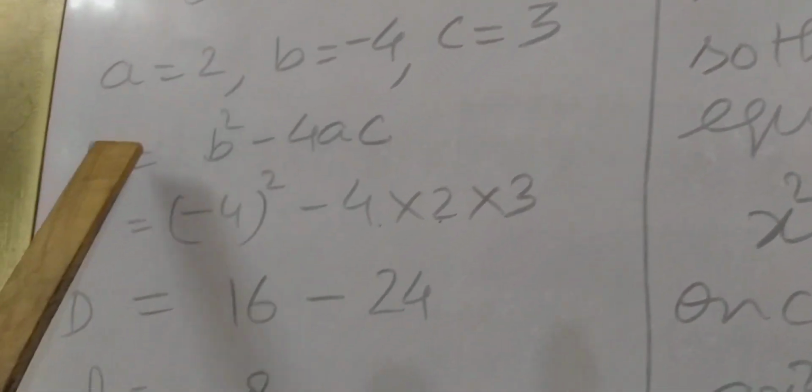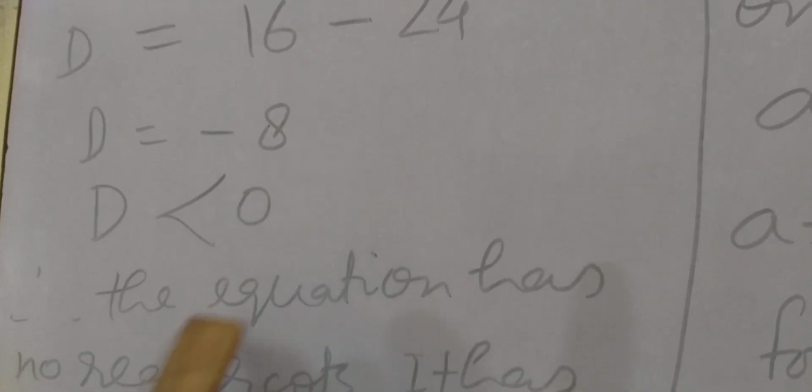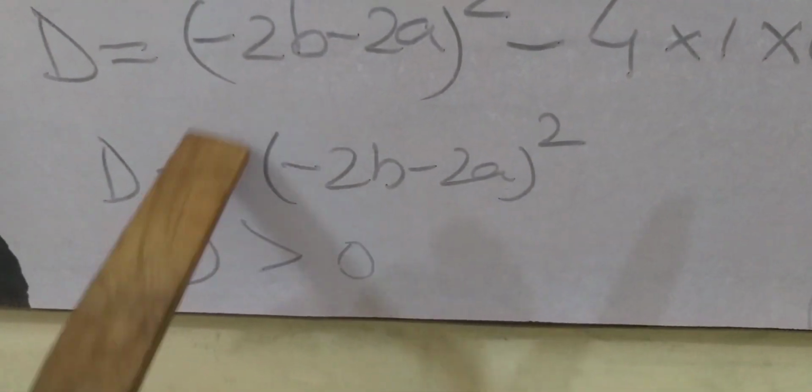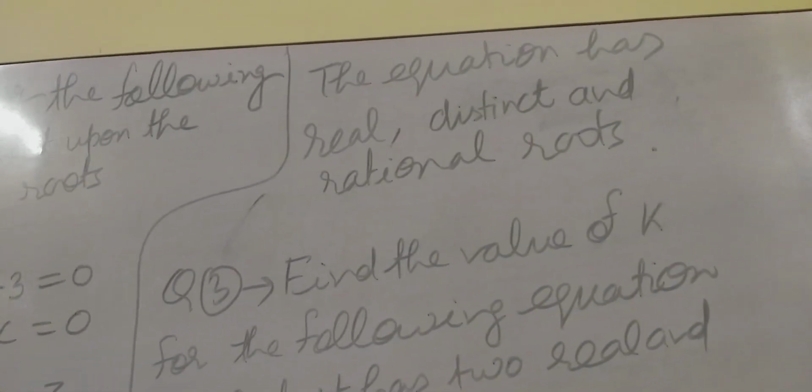So students, today we discussed how we can find the nature of roots by calculating the discriminant. If D is negative, D less than 0, the equation has no real roots, or we can say it has imaginary roots. If D is a perfect square, then D is greater than or equal to 0, and the equation has real, distinct and rational roots.